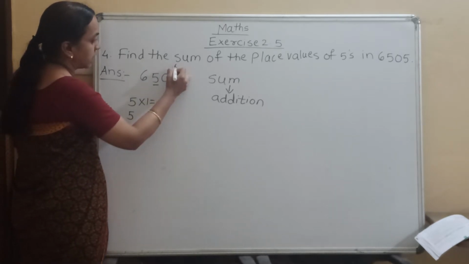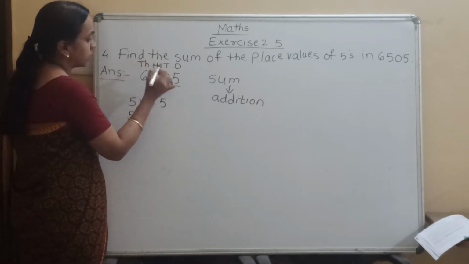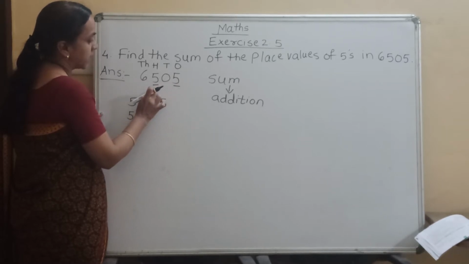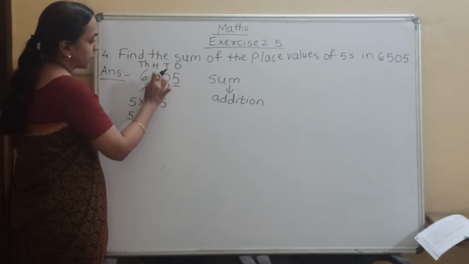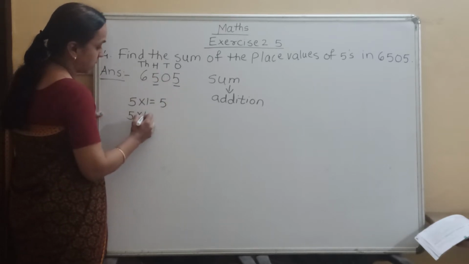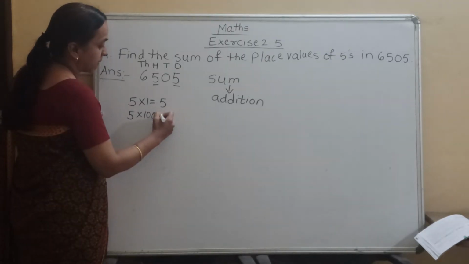And place value of this 5, if we write here ones, tens, hundred, thousand. Okay, so count ones, tens, hundred. So 5 multiplied by 100 equals how much? 100 multiplied by 5, 500.